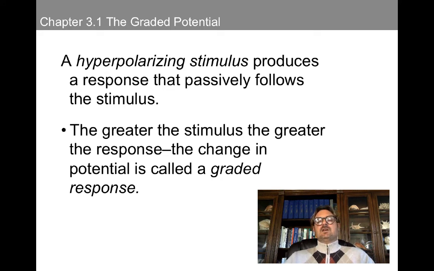One of the reasons that I use the soccer ball to represent the graded response is because the harder you pump the soccer ball up, the quicker it will actually reach its optimal size.